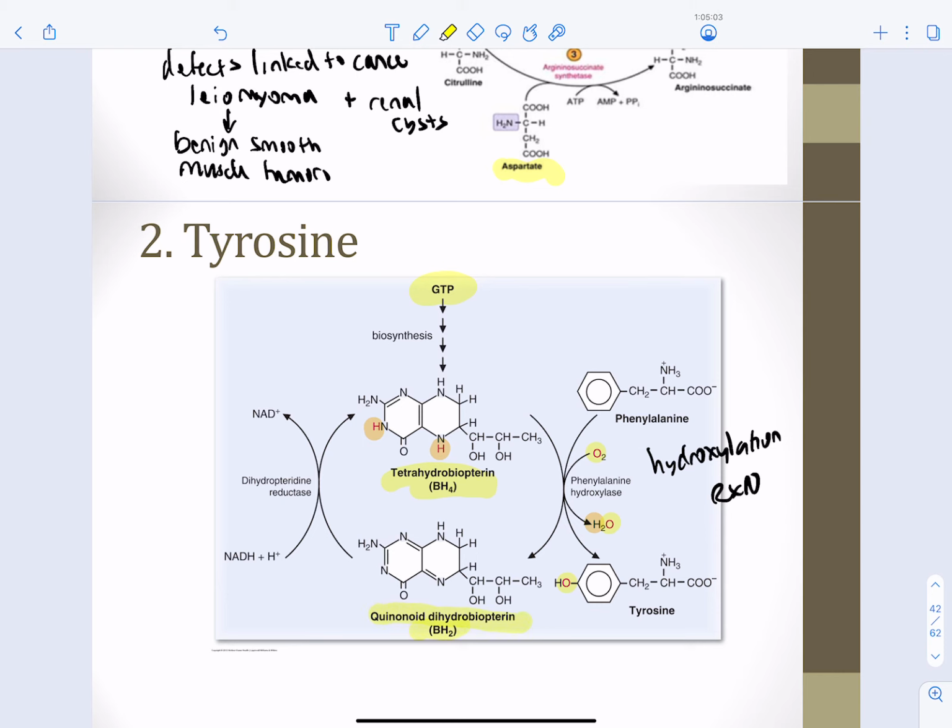That's formed here, and you require NADH with a dihydropterin reductase to regenerate that tetrahydrobiopterin. And then when you regenerate tetrahydrobiopterin, it can become a cofactor for another reaction of phenylalanine to tyrosine. And tyrosine gains an alcohol group, of course, shown there.